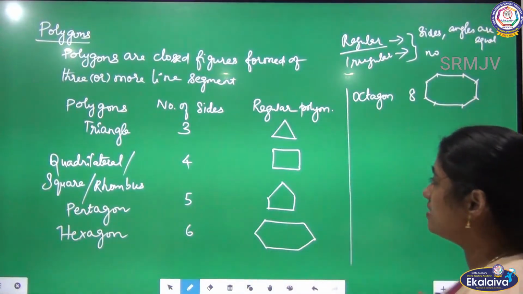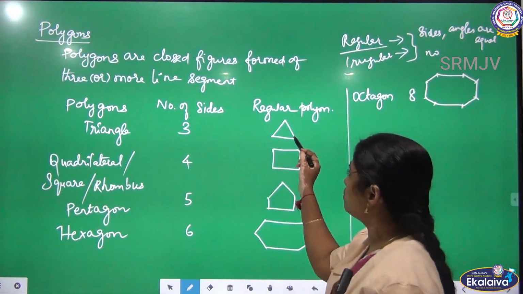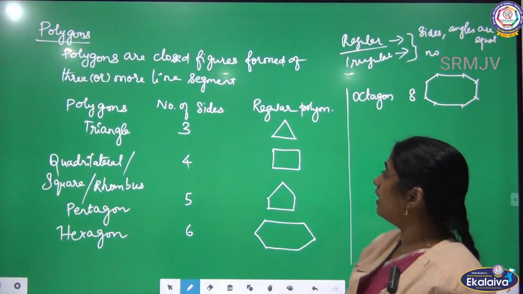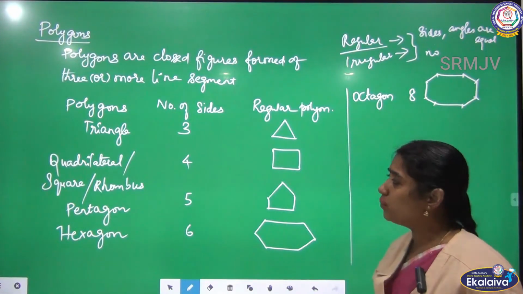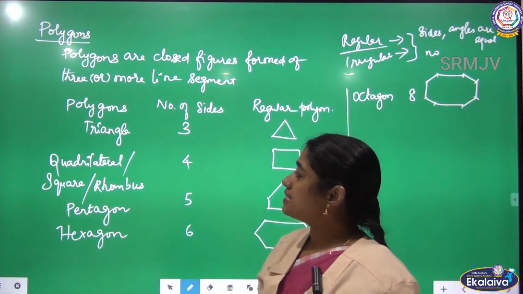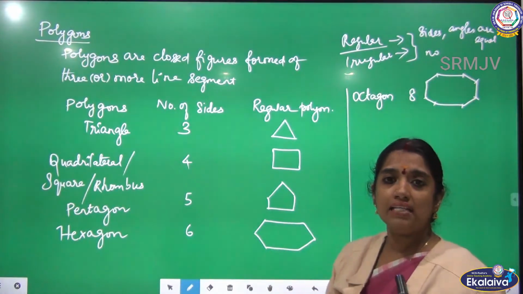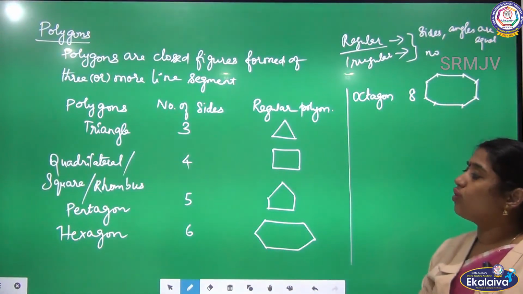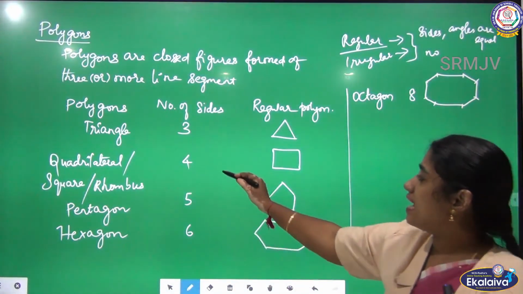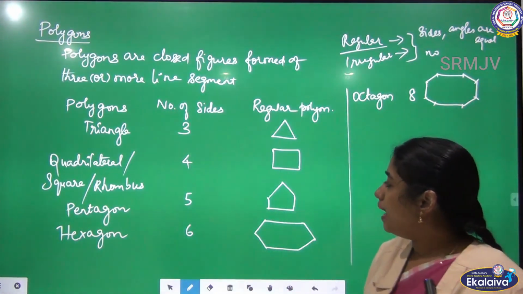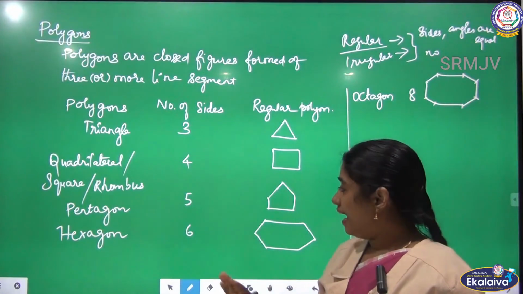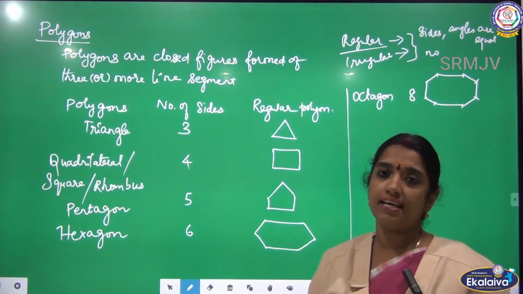Can you understand this? See, triangle, three sides, so it is a regular polygon, and regular polygon means the sides as well as the angles are to be what? Equal. And quadrilateral, it includes rectangle as well as what? Square, rhombus, everything which has four sides. Okay, here I have taken a square. And pentagon, 5 sides, and hexagon 6 sides.